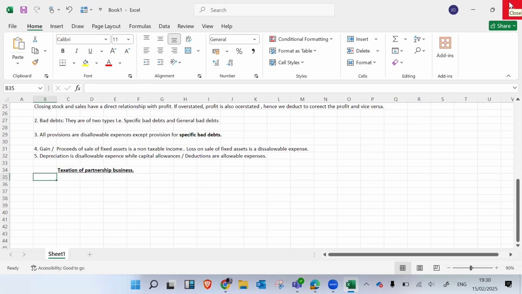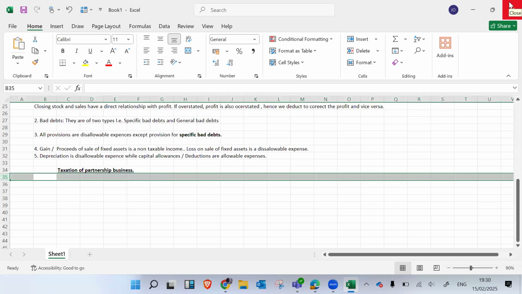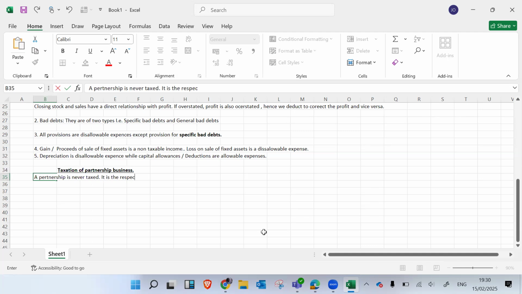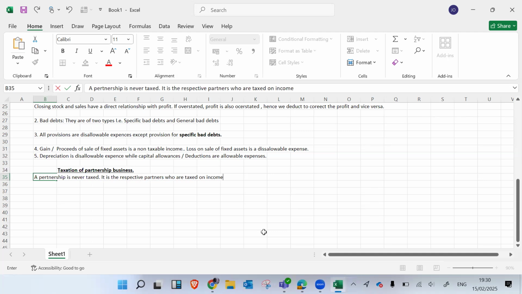Under that, we can say briefly that a partnership is never taxed. Why do we say that? It is the respective partners who are taxed on income from the partnership.